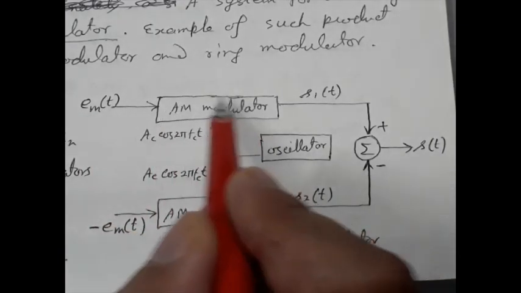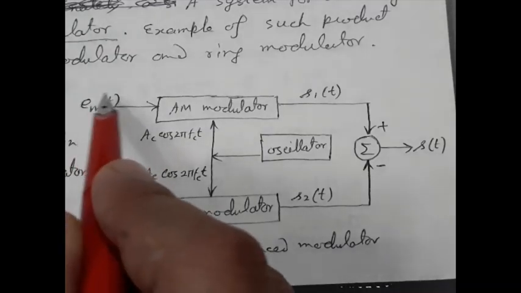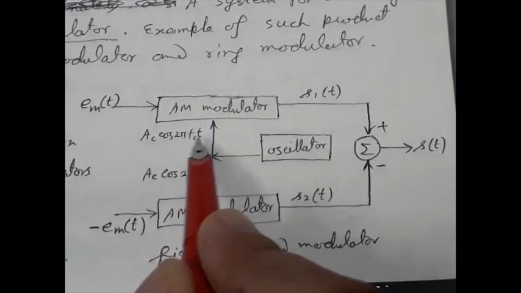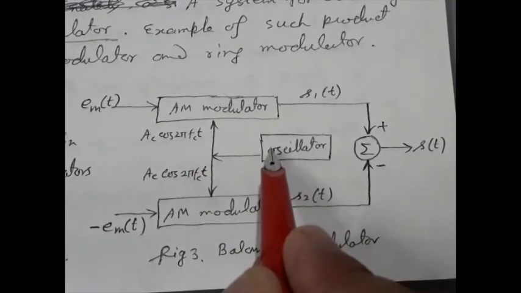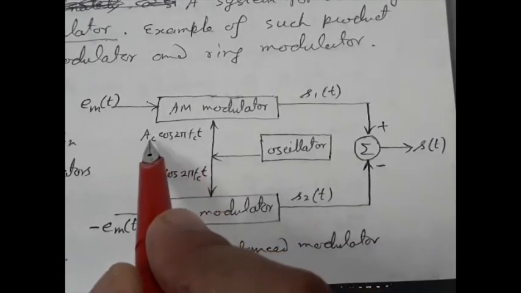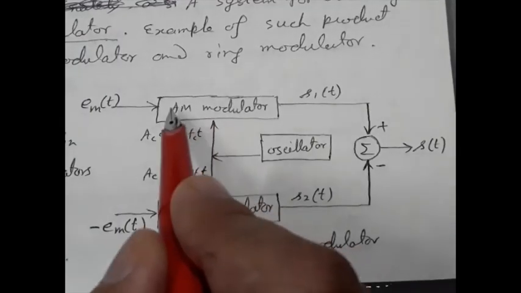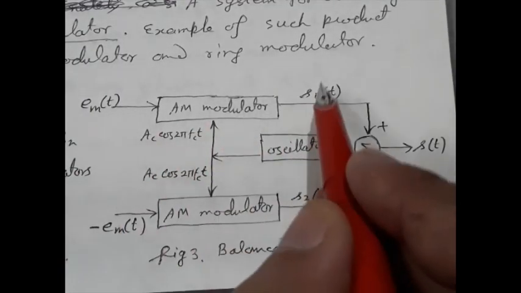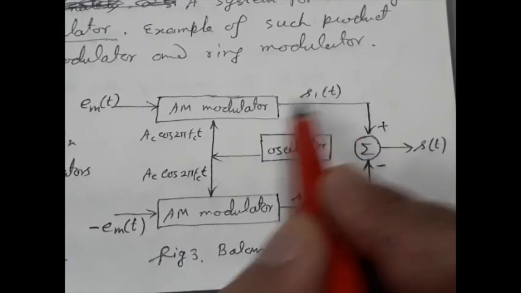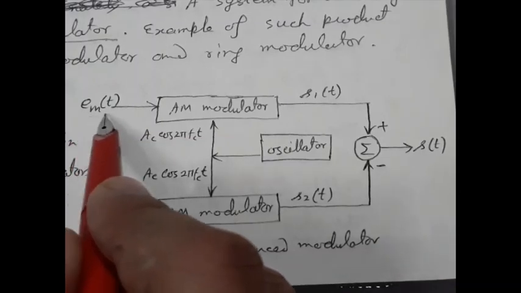So in the first or upper modulator, we must have two signals: one is the message signal, another is the carrier. One oscillator is producing this carrier signal. The carrier is taken as Ac cos 2 pi fct, and this AM modulator will produce an amplitude modulated signal with this carrier and this baseband.